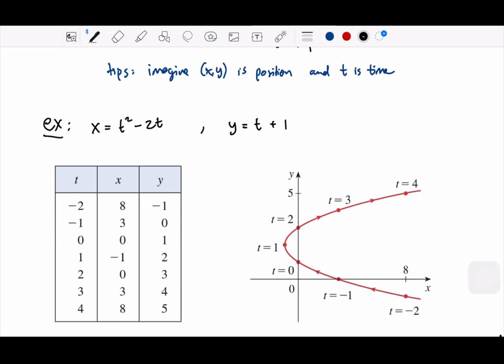So for -2, we put it into x, we put it into y, and we have the result. The same thing with -1, 0, 1 until 4. When you see the graph, we take t from -2. T is here, the xy position is 8, -1, so 8 and -1 here. And then we will see that it has this direction. And this is the parametric curve of these two equations.